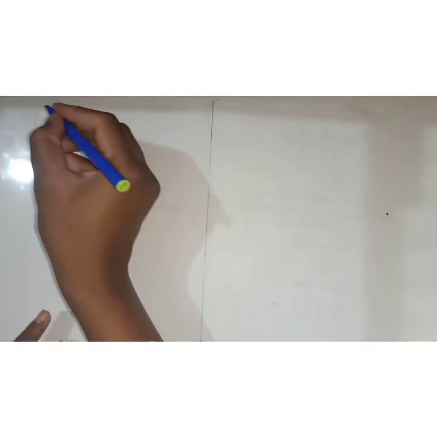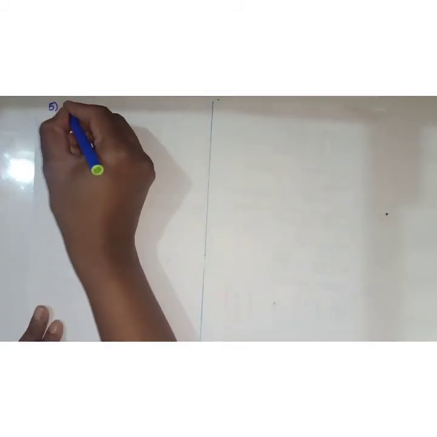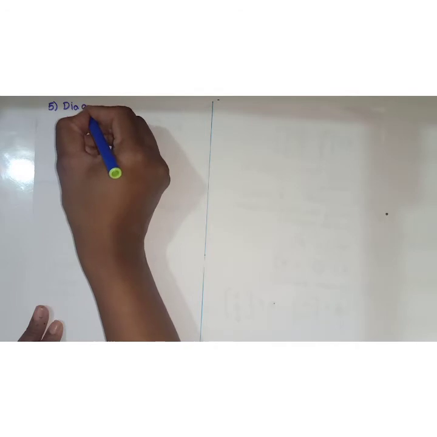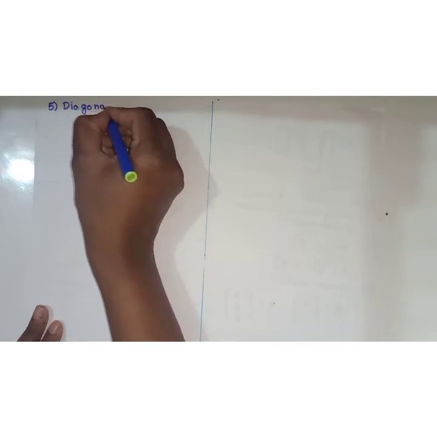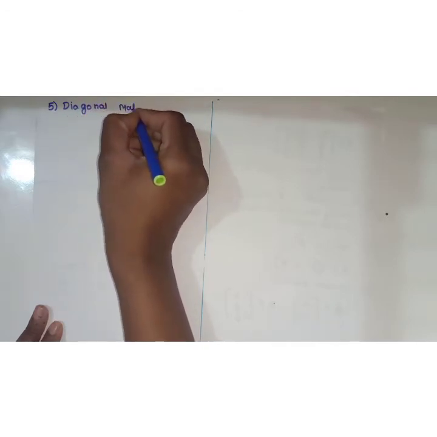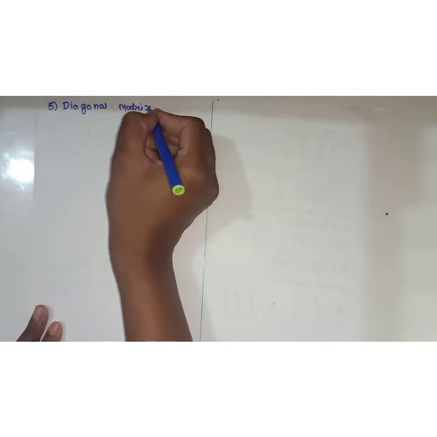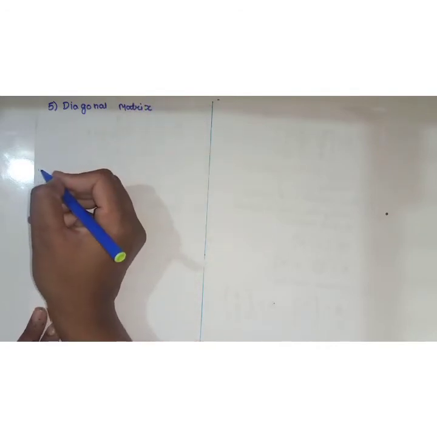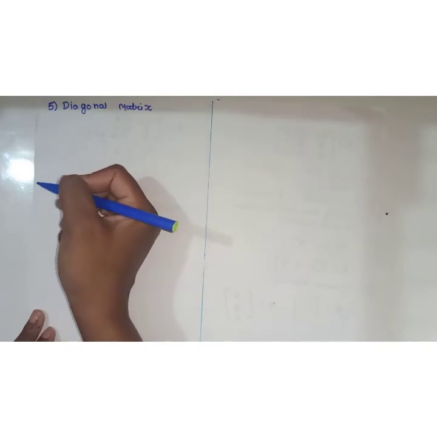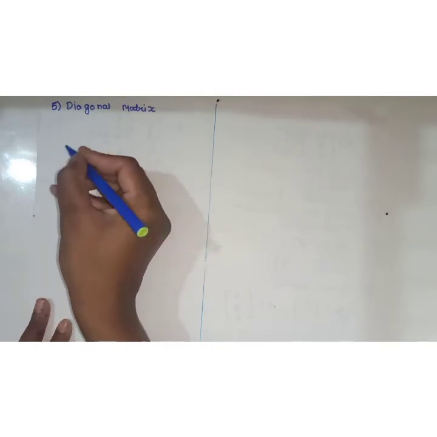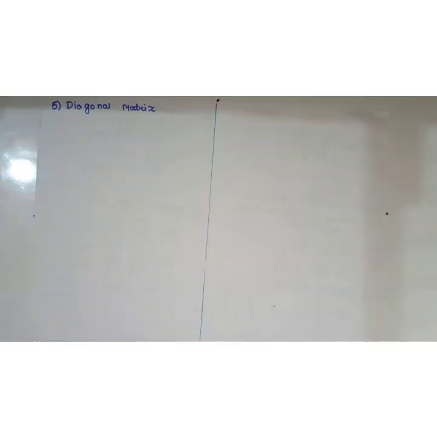Then next, number 5, diagonal matrix. A diagonal matrix is a square matrix in which every non-diagonal element is 0. So we call it a diagonal matrix.